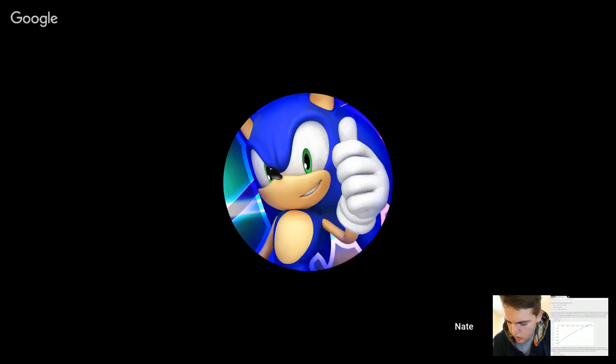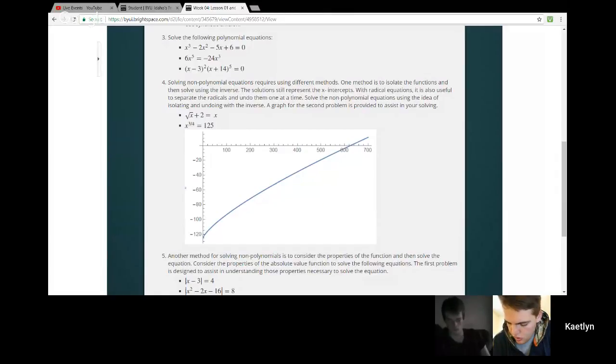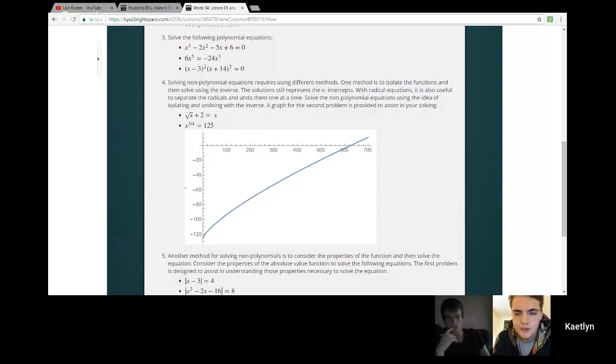Okay. So for separating stuff, what we're going to want to do first is, my guess, this one's going to get nasty. Okay, so we're going to have the square root of x plus 2 equals 2x. So first, you're going to want to subtract the 2 over.